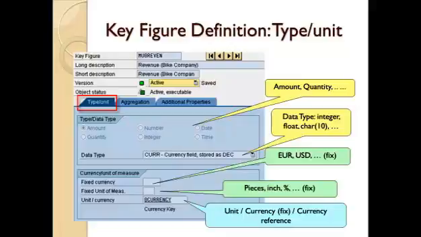Right now it is showing CURR as the currency field for the amount. Another choice is to define that as a floating point number. The book actually has a detailed description of the different data types if you are interested in learning more about the detail.